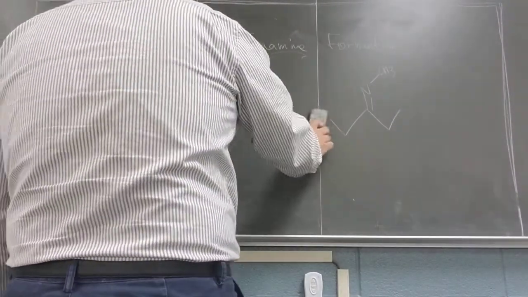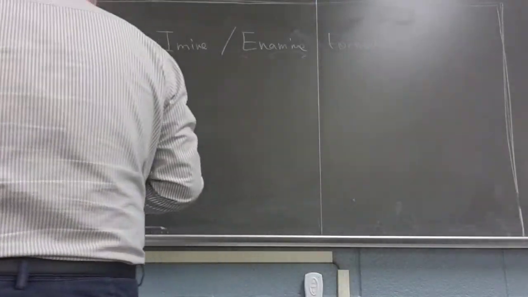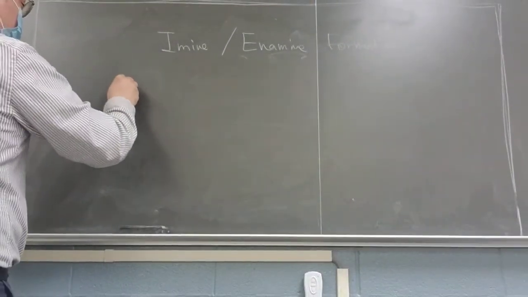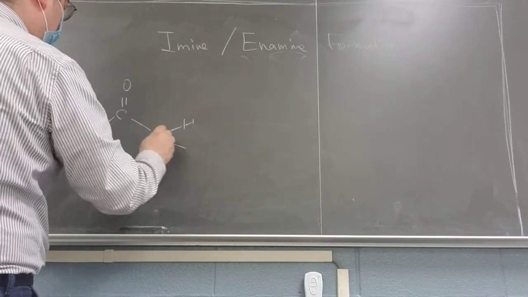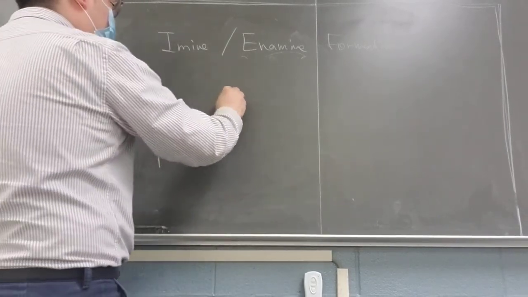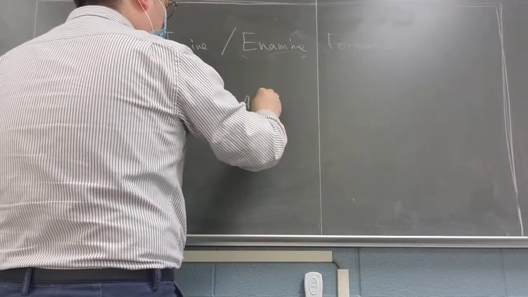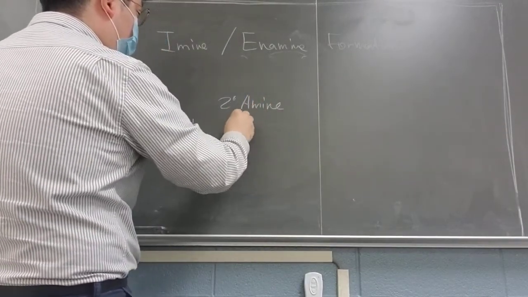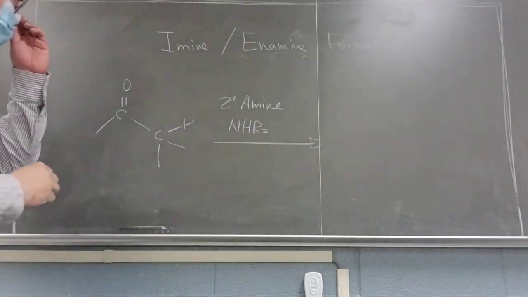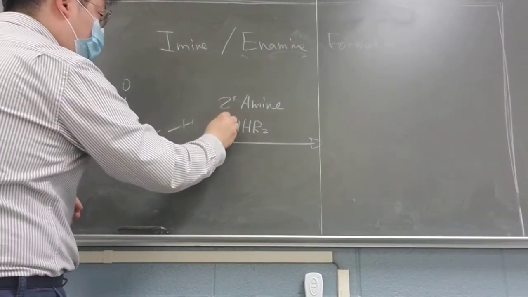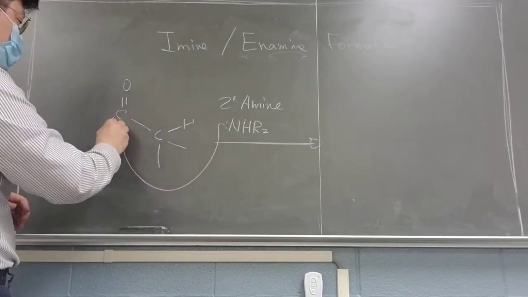All right, so how about we have a secondary amine? So it means you have the NHR2. Okay. So in this case, it will be pretty much similar. So that goes to there.